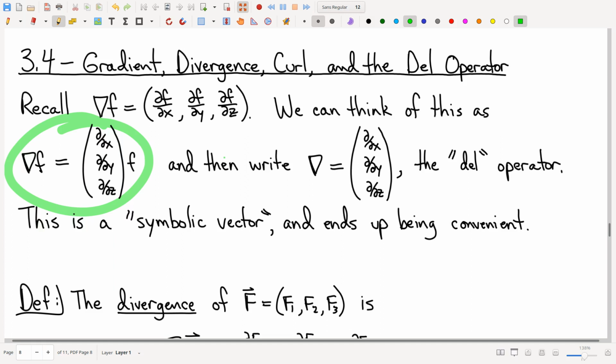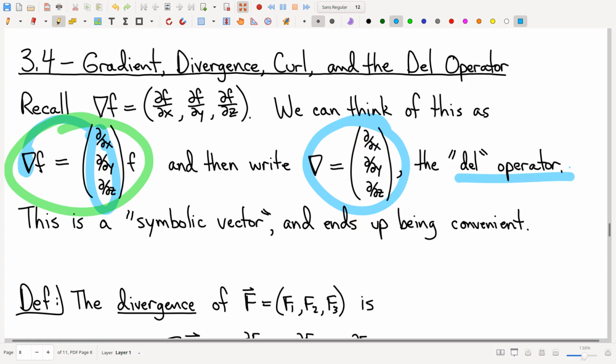So this is actually a really useful thing. And this thing, which naturally we associate with that little triangle symbol, is very handy in many other ways. So this is worthy of a name. This is called the del operator. Notice it is not called the gradient.